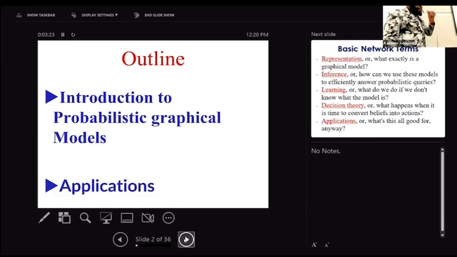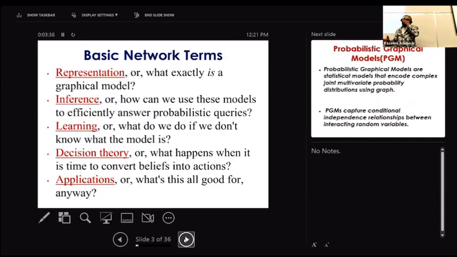In the outline, that's what I have. You've been introduced to that. And of course, I'm going to walk you through applications. But before we get started, I want to first get you familiar with some basic terminologies.